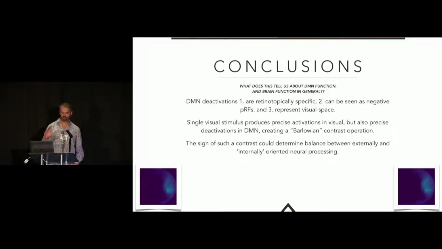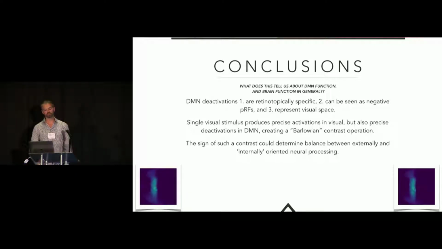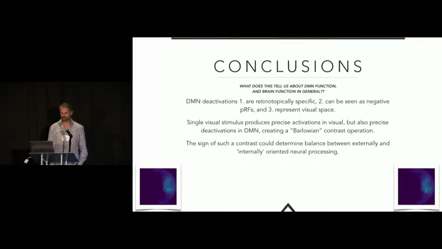Now, if you think of it as a contrast like this, the sign of that contrast might determine the balance between cognition being directed externally towards the sensorium or internally towards things like memory, for example, or social concepts.